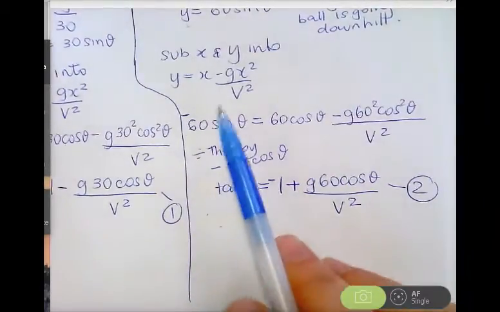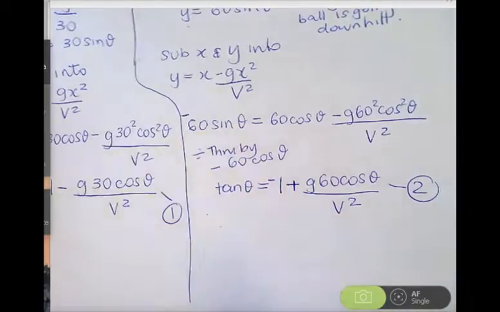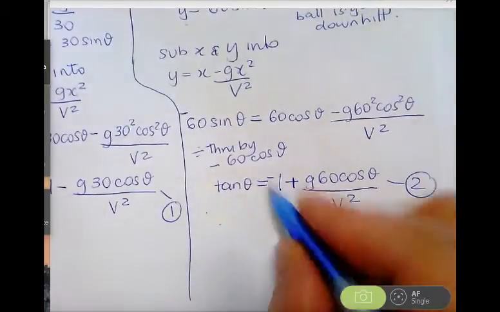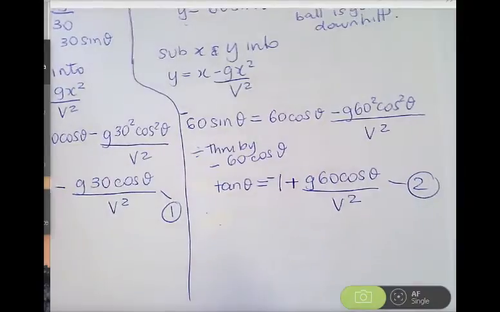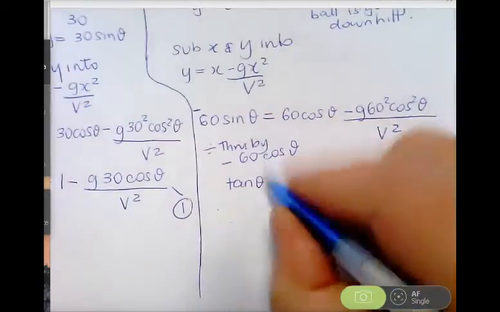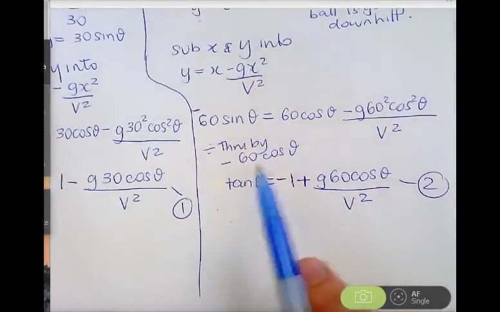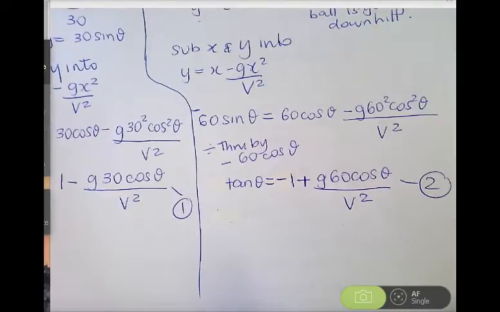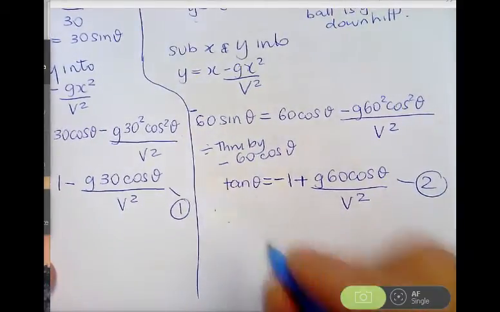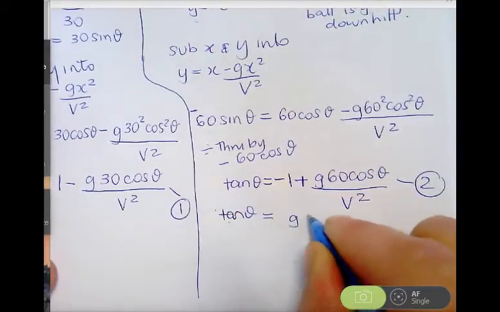Yeah, divide through by negative 60 cos theta. Sorry, you just get tan. My mistake. So we get negative 1. You're dividing by negative cos 60 cos. So therefore tan theta is G.